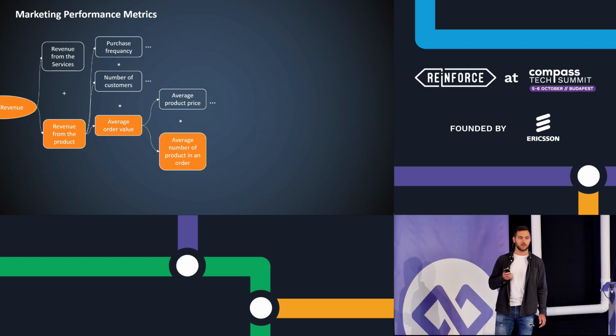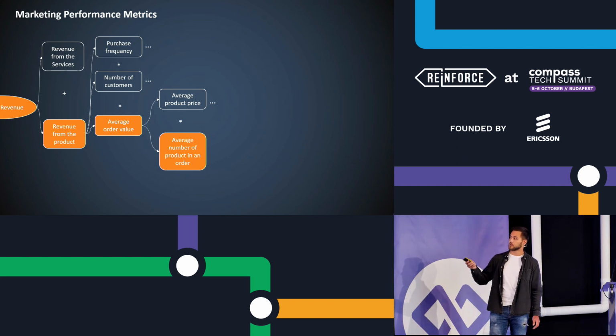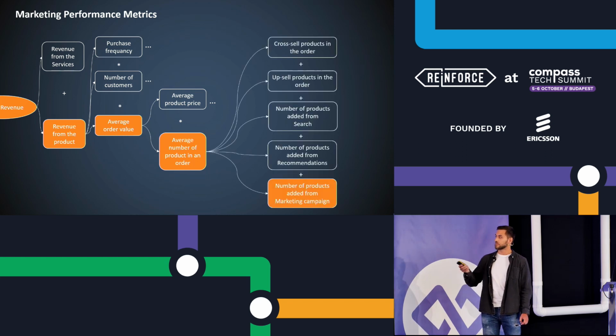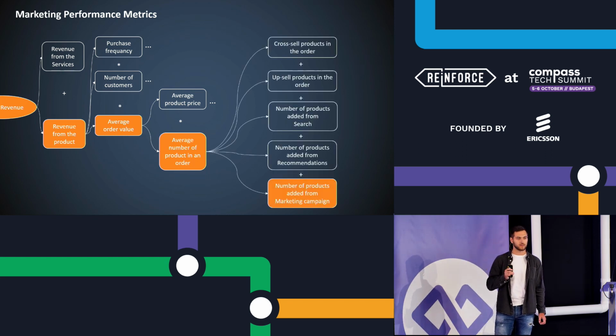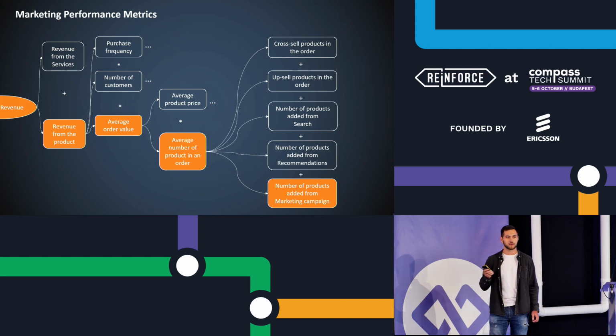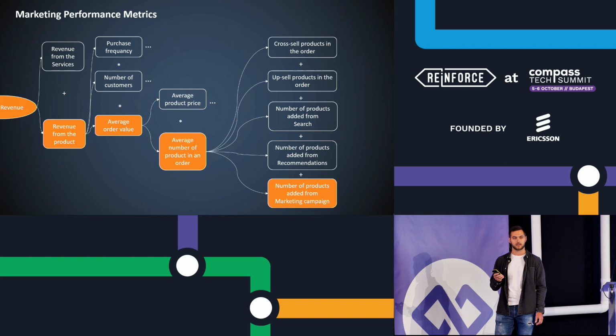If we derive average order value, it consists of average product price and average number of products in an order. If we multiply these two components, we get the average order value. And the average number of products in an order consists of cross-sell activities, upsell activities, and different numbers of products added from search, from recommendation, and from marketing campaigns.